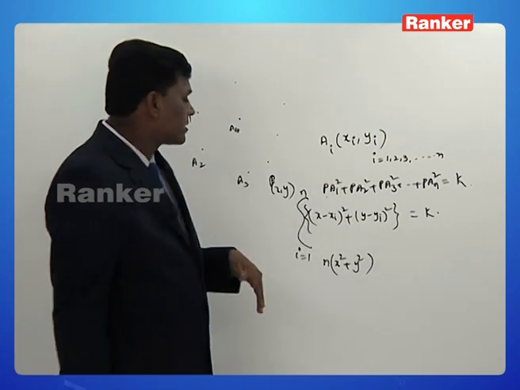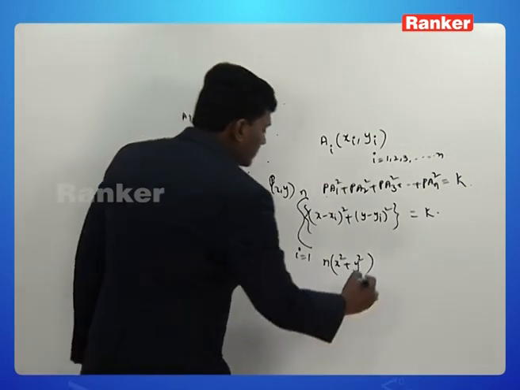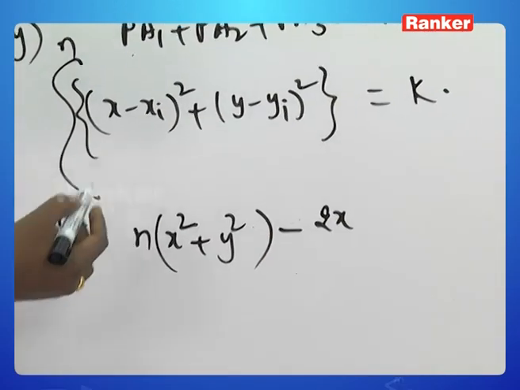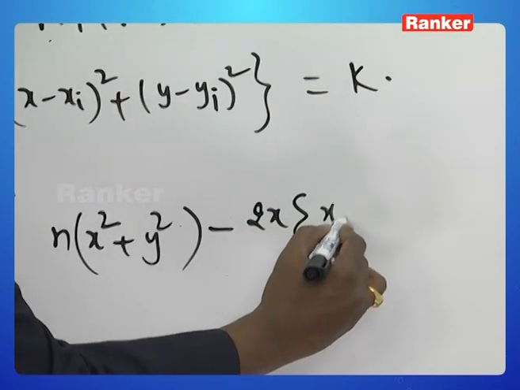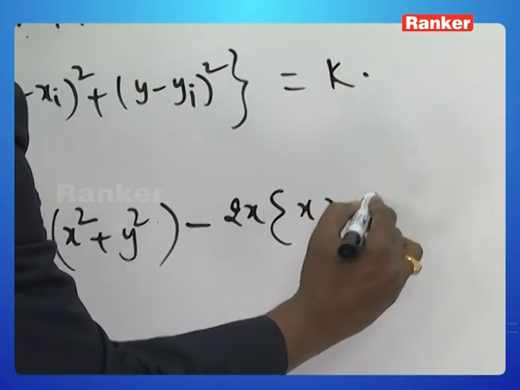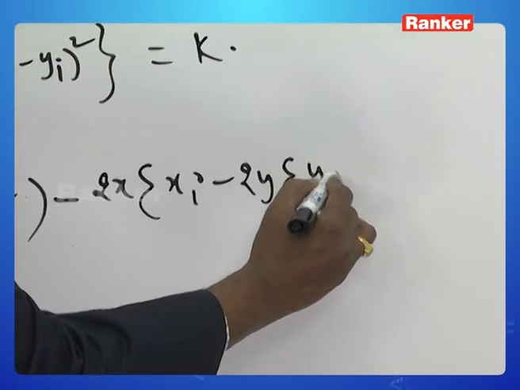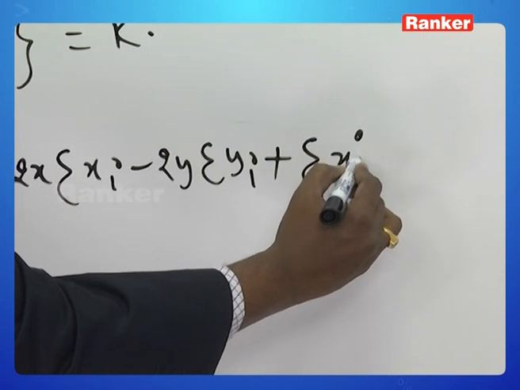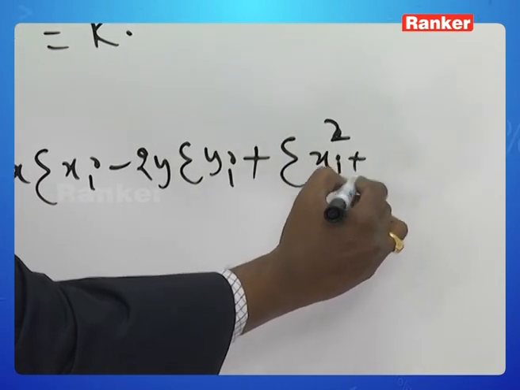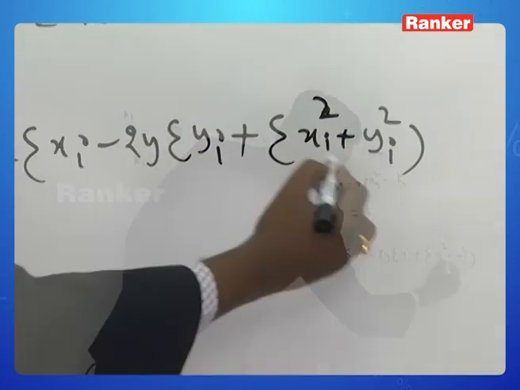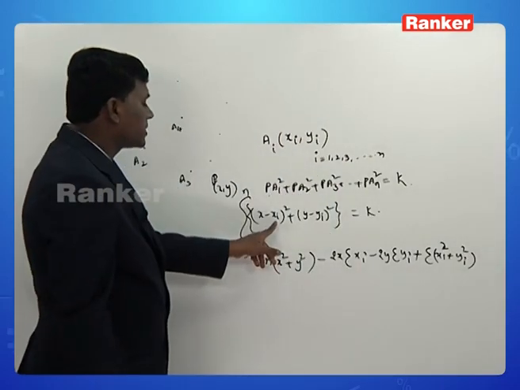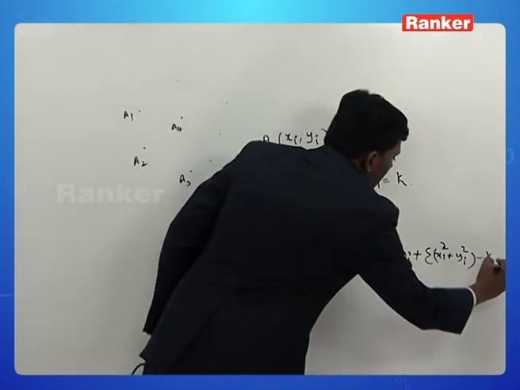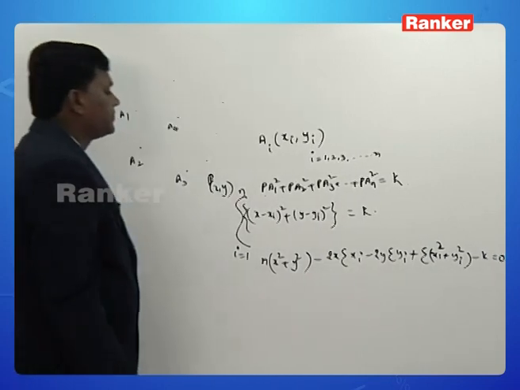To get its center comfortably, let us analyze the next term: minus 2x summation xi, so we can apply summation to this, minus 2y summation yi, plus summation of (xi square plus yi square), the constant term, minus the constant k equals 0.